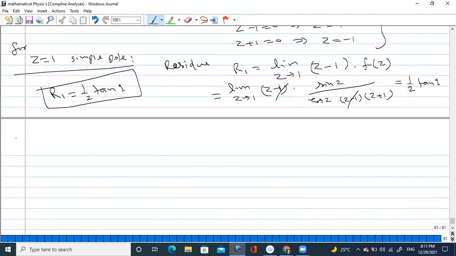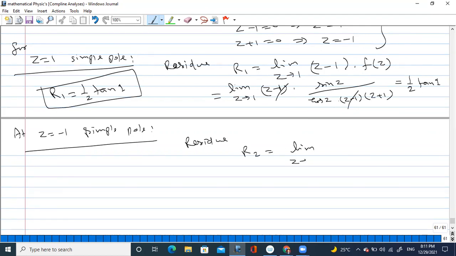Okay. So at z equal to minus 1, simple pole, residue R2 will be limit z tends to minus 1. So it is z minus z0, which means it will become z plus 1 into f(z).